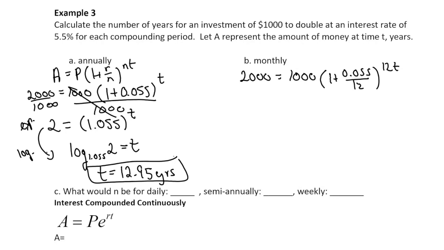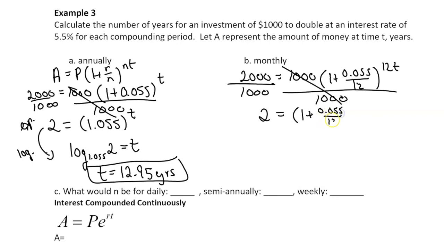Then if I look at this monthly part, again, let's divide by 1,000 to begin with. I could change that to a decimal if you want to, but it's probably a little bit messier.